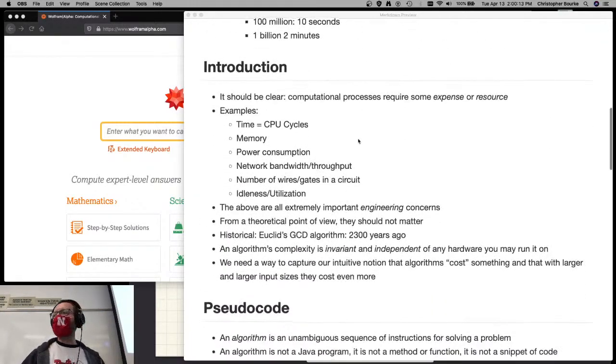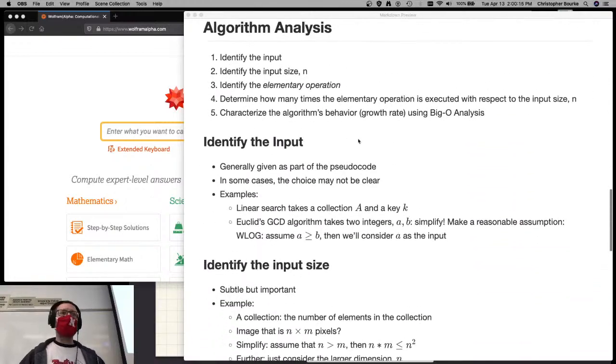Remember our motivation here is that we want to analyze algorithms with respect to their performance, and as a 5-step process, you identify the input size, the elementary operation to capture the notion of work, and then you come up with a characterization of that algorithm with a function that tells you that on an input size of n, it takes this many elementary operation computations.